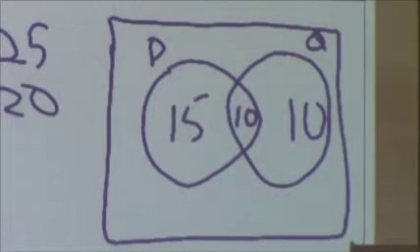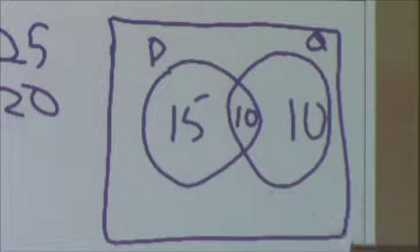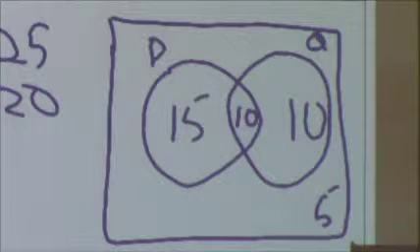And then the number of elements we had that were not in P union Q was 5. So I'm going to put a 5 here. Remember, we had a total of 40 elements. Let's see what it is worth. 10 plus 10 is 20. 20 plus 15 is 35. 35 plus 5 will give you what? 40. So indeed, it worked. So we had a correct answer, which says the number of elements in P intersect Q is 10.